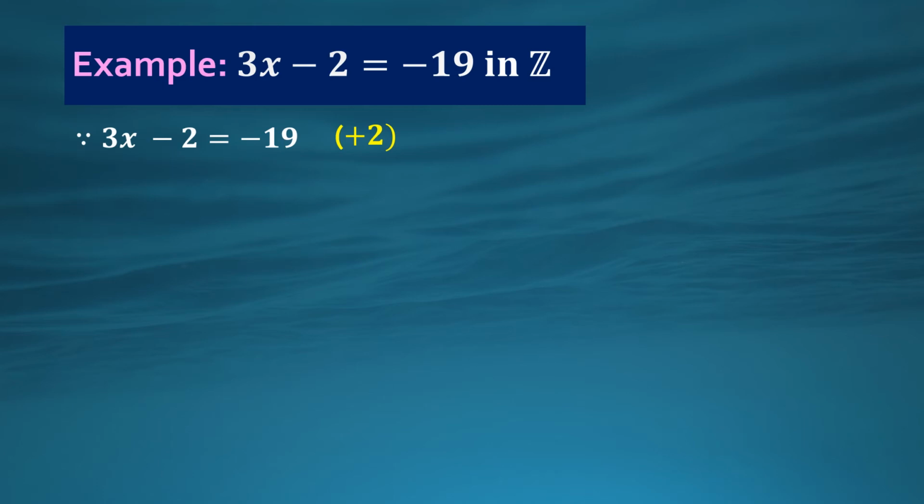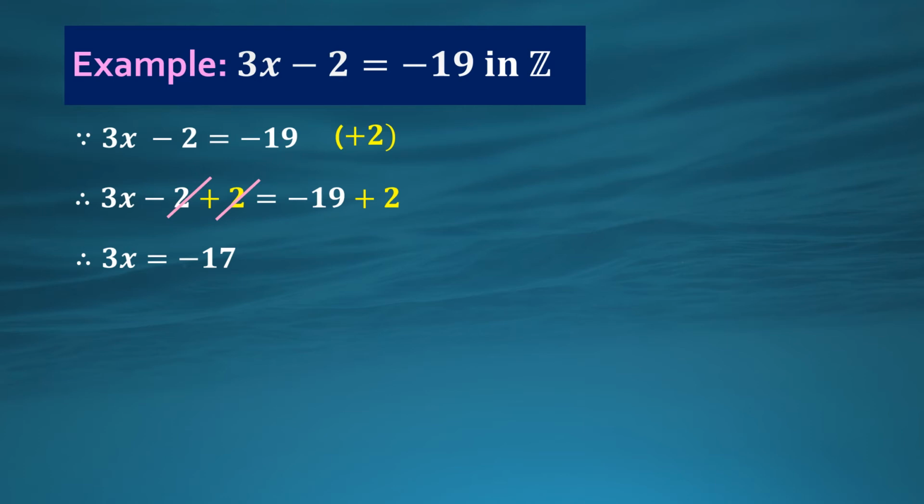That means we will add 2 to both sides. So 3x minus 2 plus 2 equals negative 19 plus 2. And we will cancel 2 with negative 2 because they are a number and its additive inverse, to get the left side 3x. And the right side will be equal negative 17.